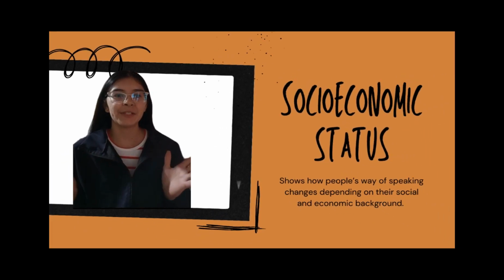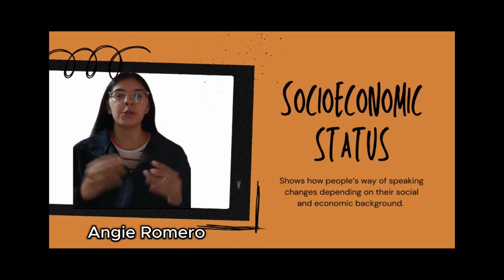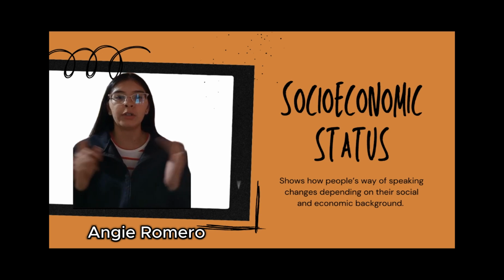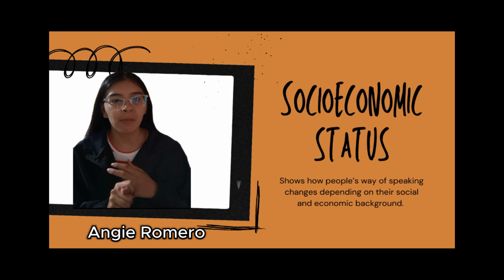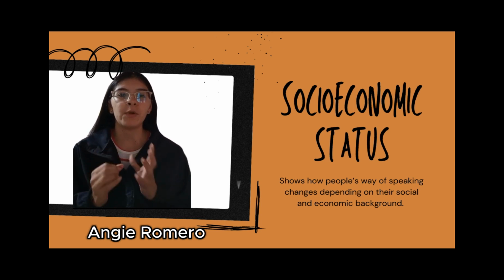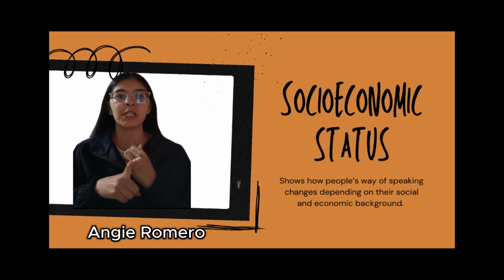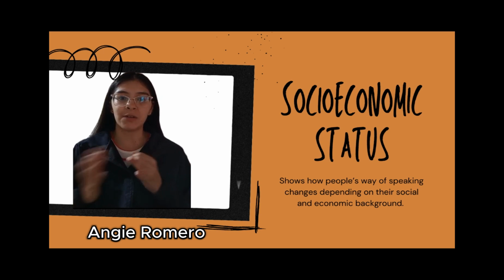Well, socioeconomic status is a type of linguistic variation that shows how people's way of speaking changes depending on their social and economic background. In these two examples, we can observe how people from lower socioeconomic status may use more informal language, slang, and non-standard grammar, and they also speak more casually, right?